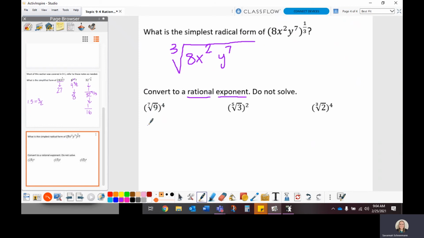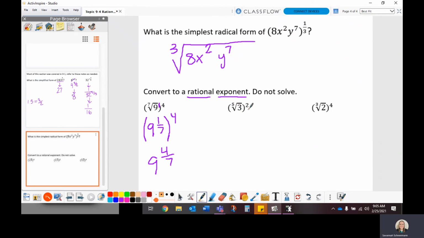Remember, this 9 here has an imaginary exponent of 1, so this is going to be 9 to the 1/7 power raised to the 4th. Now remember, when we raise a power to a power, we multiply those together. So 4 times 1/7 is going to give us 9 to the 4/7.